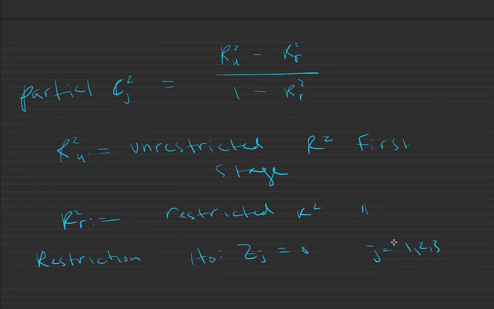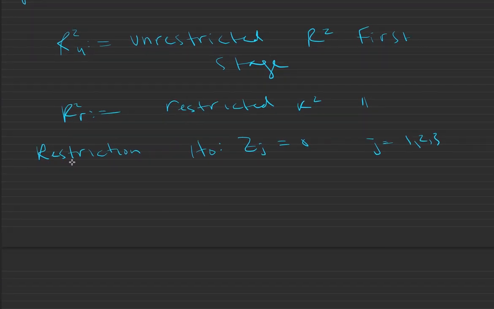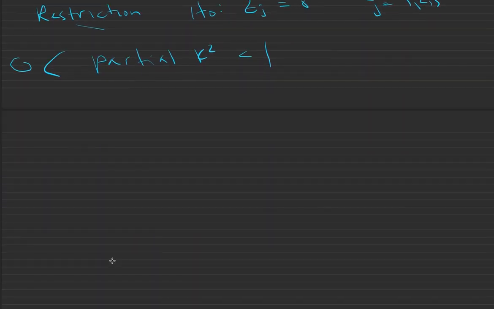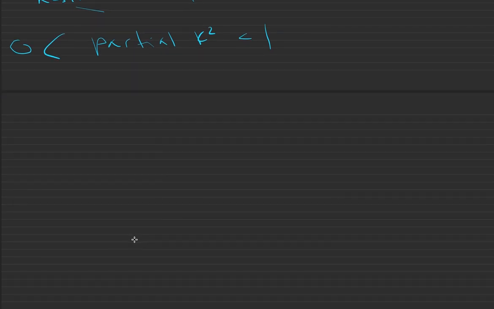The range of partial R squared is from 0 to 1. So partial R squared will be greater than 0 but less than 1, where 0 implies too weak and 1 implies too strong, respectively. Let's look at an example of 3 instruments and the partial R squared that we may have estimated for them.